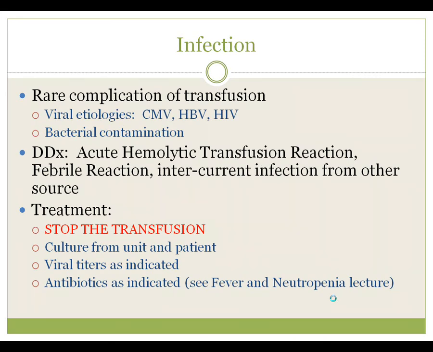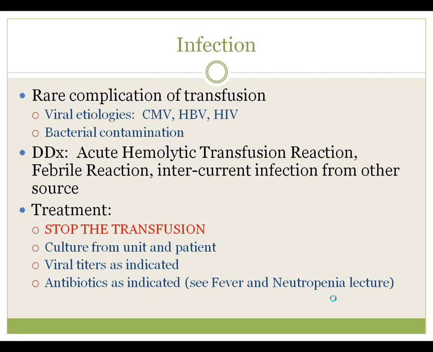Infection is a rare complication now of transfusion. There is much lower incidence of HIV, hepatitis B, and C than previously. Also, Omaha is blessed by having a large donor pool of volunteer blood donors, and the presence of a volunteer blood supply itself lowers the risk of infection.